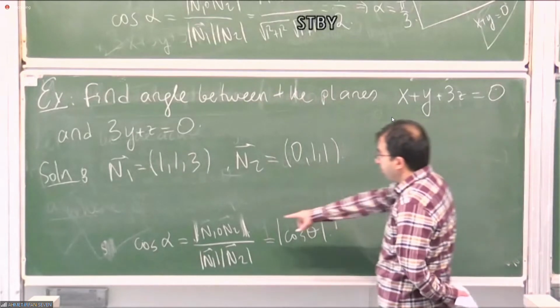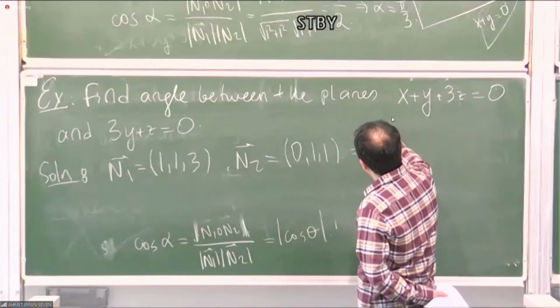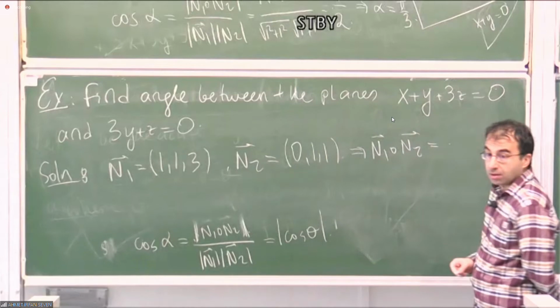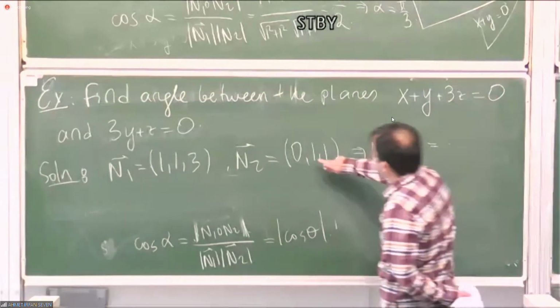Let's now compute this formula. For this, we need to compute the dot product. The second normal vector should actually be 0, 3, 1, shouldn't it? 0, 3, 1, yes.